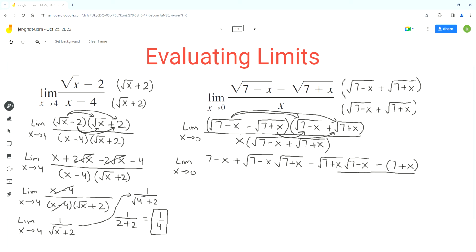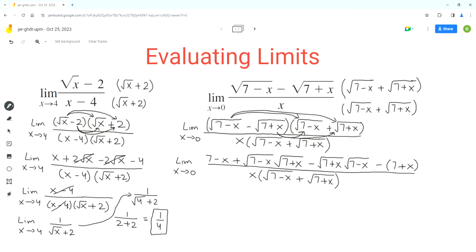Now we should not distribute the terms in the denominator because we want to cancel out the x. So we should leave it separate from the parentheses. Now we can simplify the numerator expression.